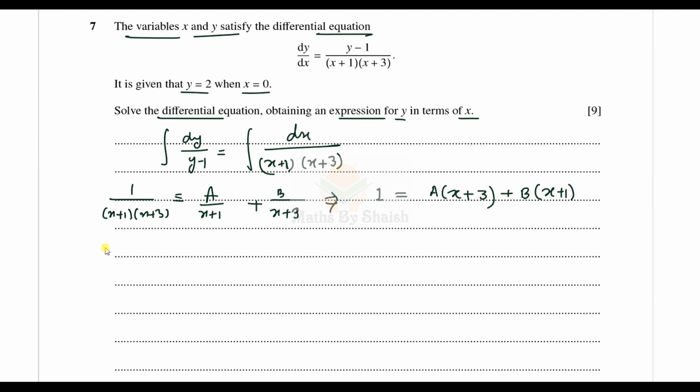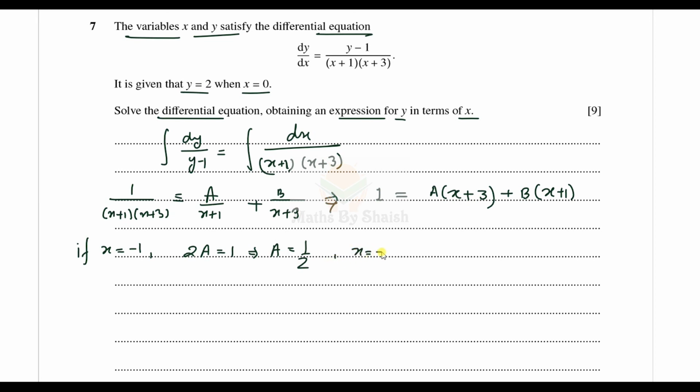Hence if x is equal to minus 1, we will get b coefficient 0. So a times (minus 1 plus 3), that is 2. So 2a is equal to 1, and hence a is equal to 1 over 2.